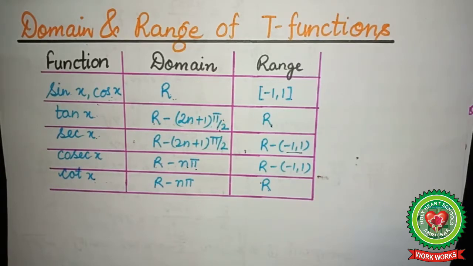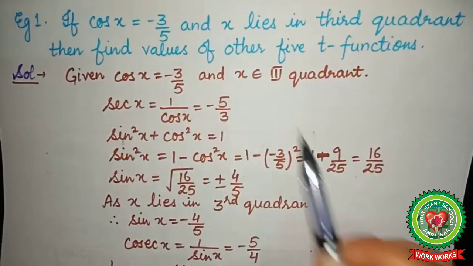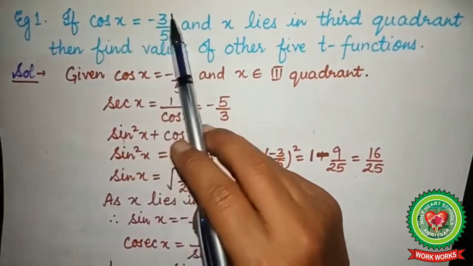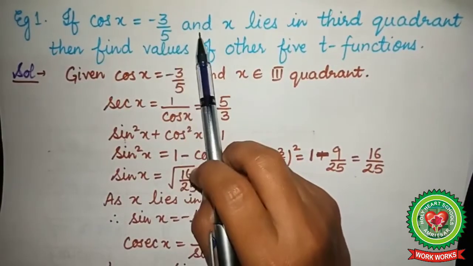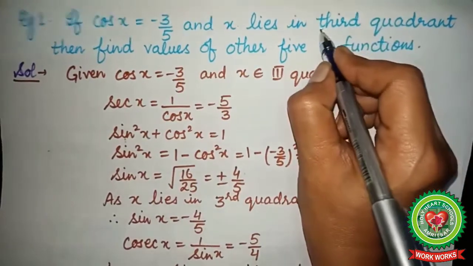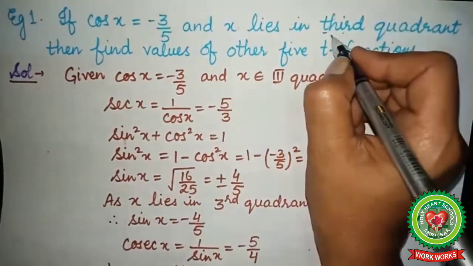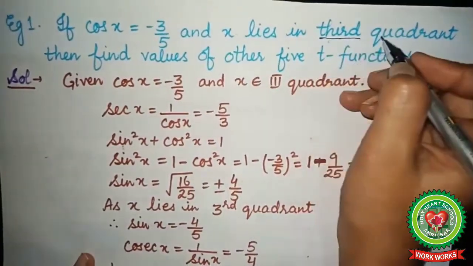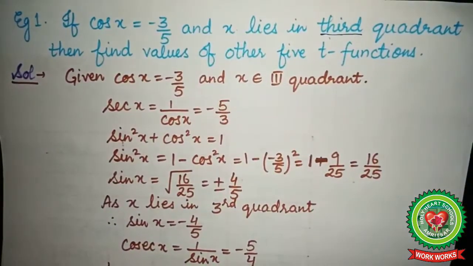Now let's discuss some examples based on these concepts. For example, if cos x is equal to minus 3 by 5 and x lies in the third quadrant. Now third quadrant means tan and cot are positive and all others are negative.